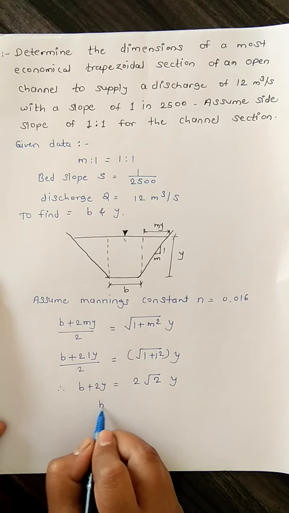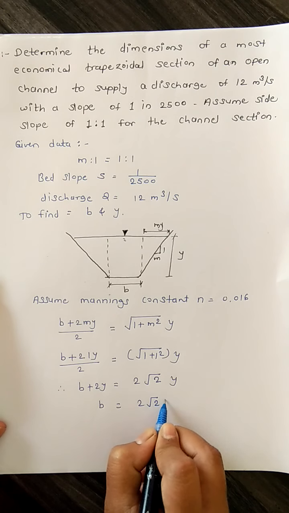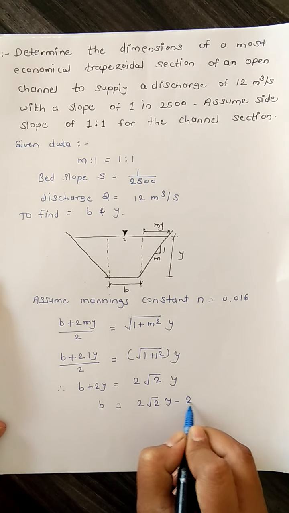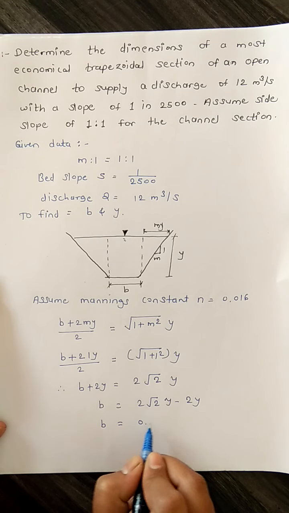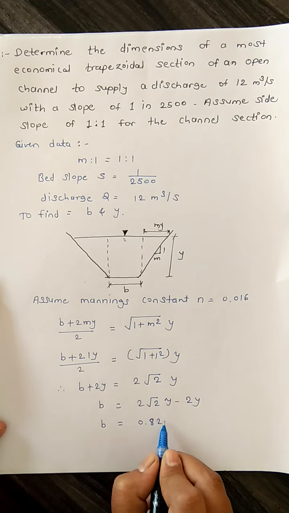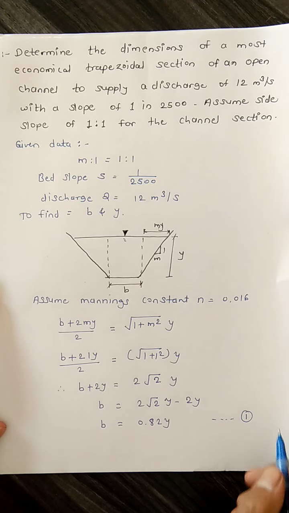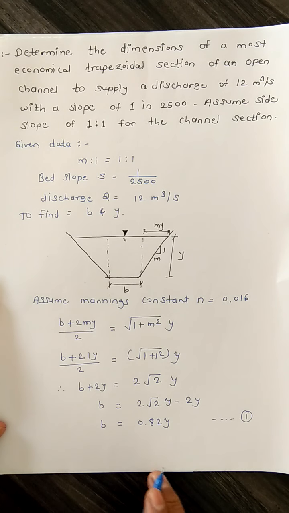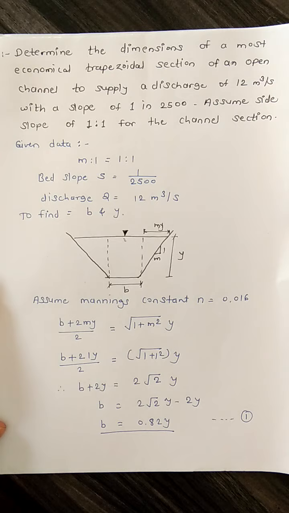So finally b is equal to 2 into under root 2 into y minus 2y. So b is equal to 0.82 y. This is our equation number 1. Okay. In this equation we get b is equal to 0.82 y.